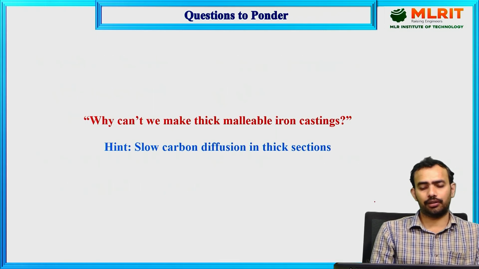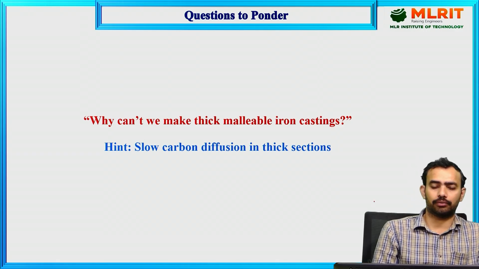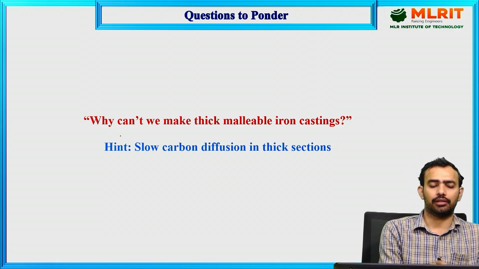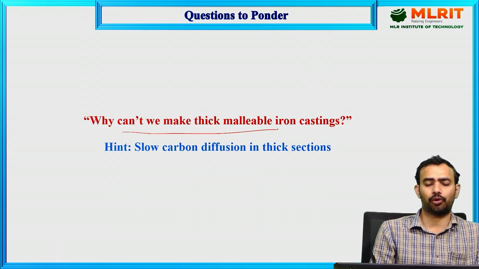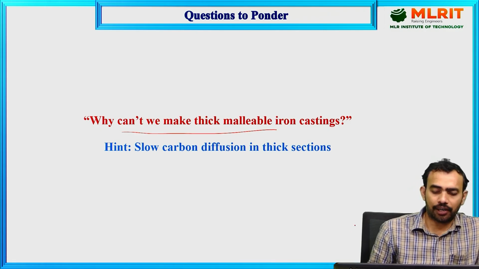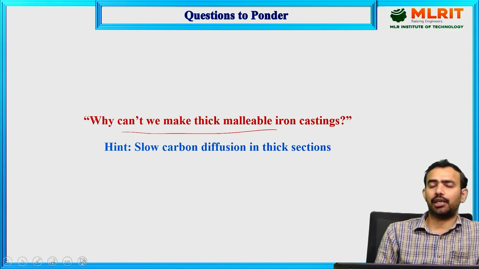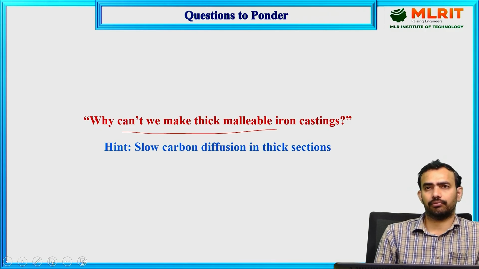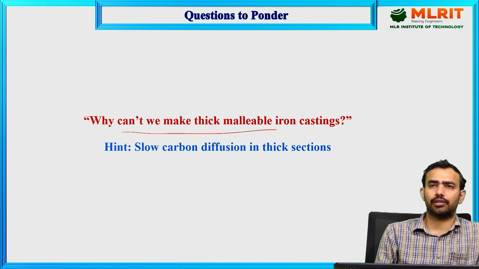Here is a question for you to ponder on. Why can't we make thick malleable iron castings? As we have been discussing, it is only suitable for thin sections, so why can't we use thick malleable irons?